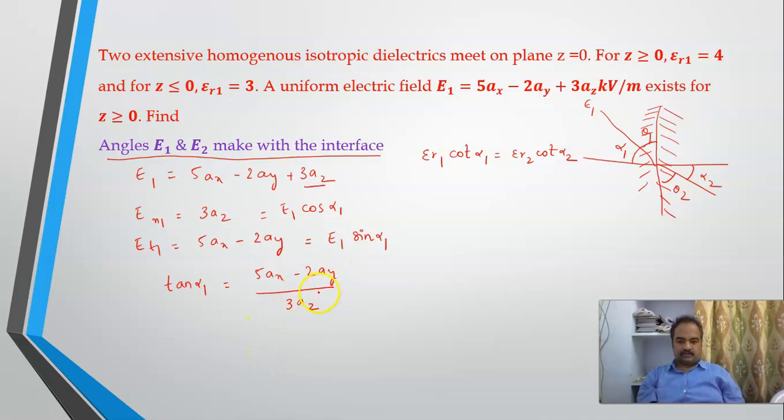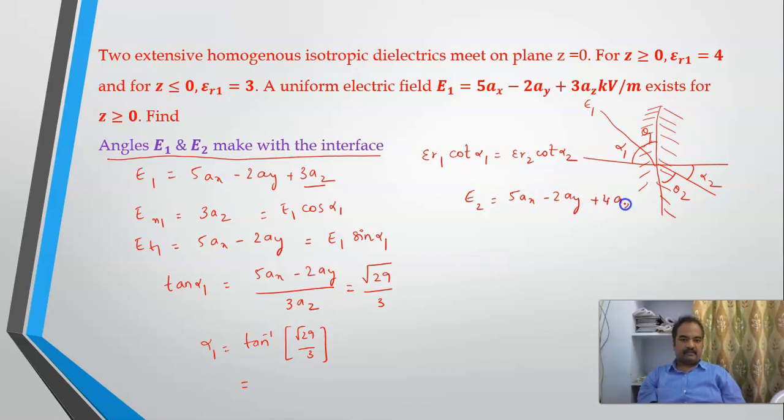So we will consider only the magnitudes now. What is the magnitude of this one? This is root 29 and this is 3. This is tan alpha 1. If I do this, I'll get alpha 1 is equal to tan inverse of root 29 by 3. So whatever value you get, that is your answer. Similarly, for E2 we already have it. It is 5ax minus 2ay plus 4az.